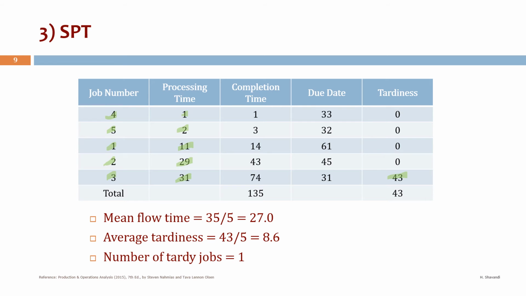The total tardiness here is 43 among all 5 jobs, and the total completion time here is 135 among all 5 jobs. So the mean flow time here becomes 27, and the average tardiness here becomes 8.6, and the number of tardy jobs here is just 1.